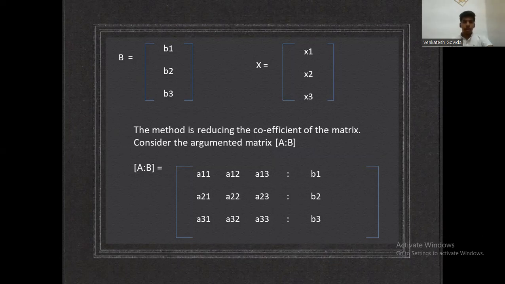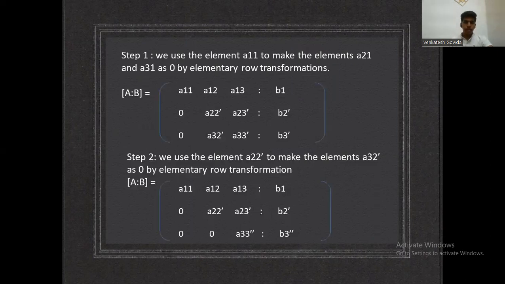Now we shall consider an augmented matrix, that is A colon B. In A colon B, we combine matrix A and matrix B. Then in step 1, we use the element a11 to make the elements a21 and a31 zero by elementary row transformation.